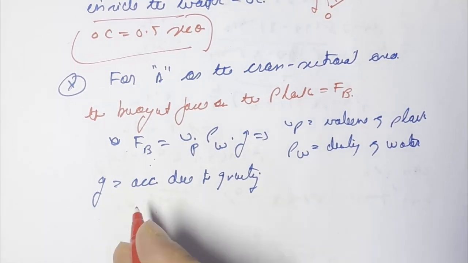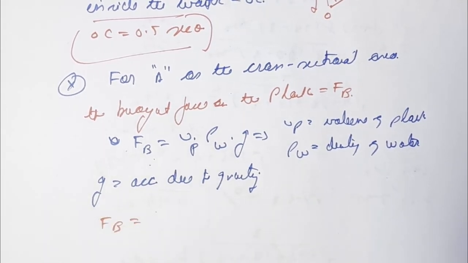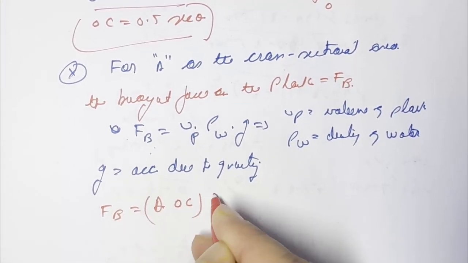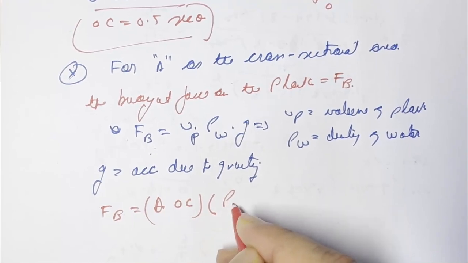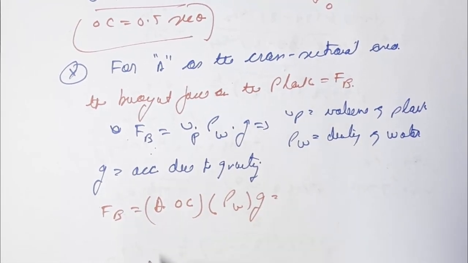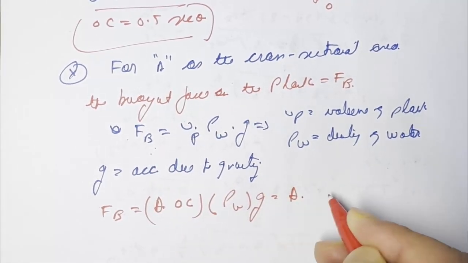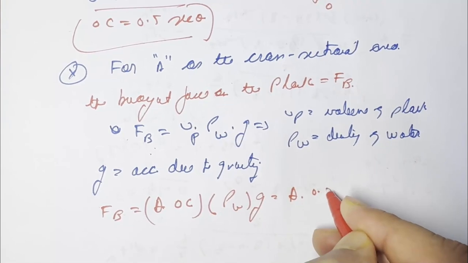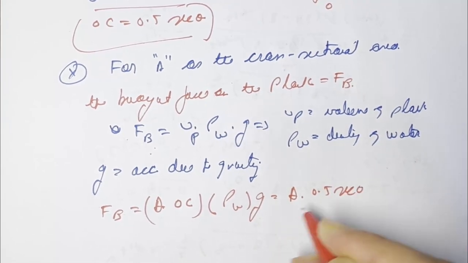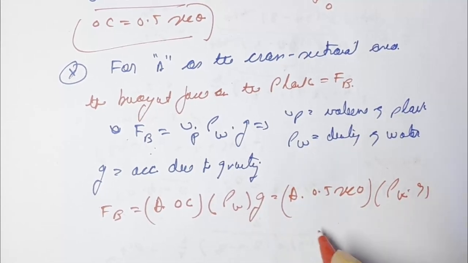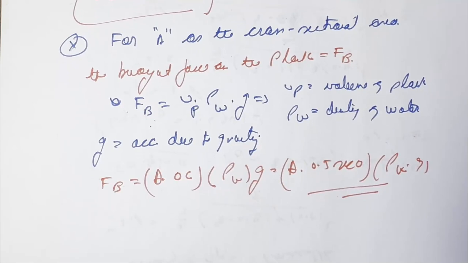So we can write our Fp will be equal to A multiplied by OC, and we have here rho W multiplied by G, and OC is 0.5 secant of theta. So this is area multiplied by 0.5 secant of theta, and we have rho W multiplied by G. So this is the amount of the buoyant force.